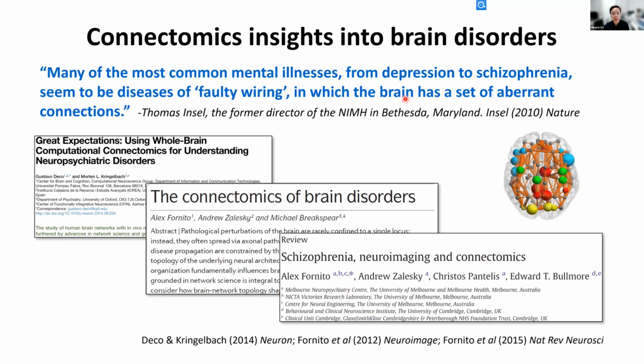This insight has led to the novel concept that psychiatric disorders can be classified as a kind of connectome disorders. This notion also holds significant value in unraveling the mechanisms underlying psychiatric conditions and improving their clinical assessments.